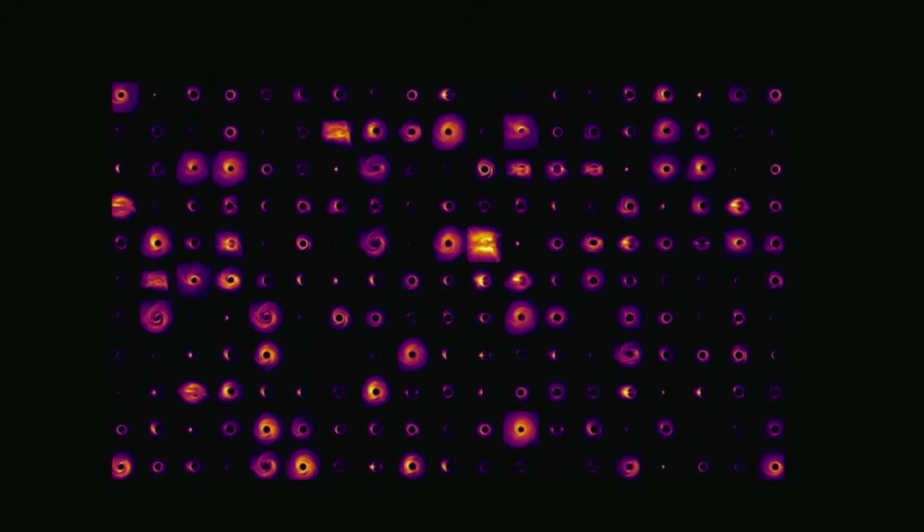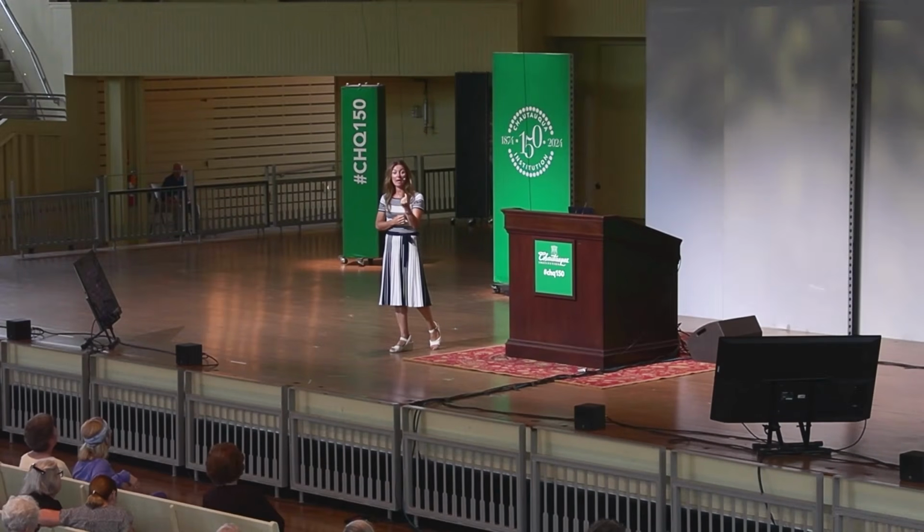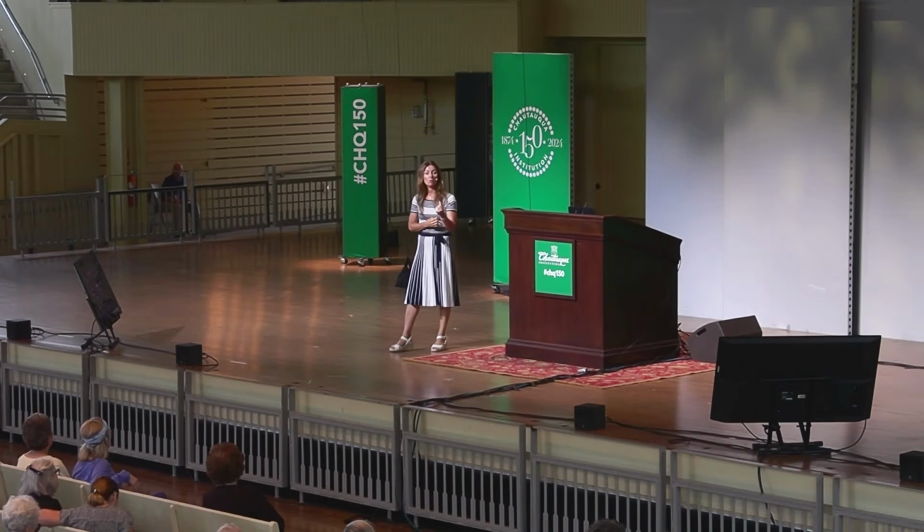Is it really producing a singularity? And is it going to show us some deviations once we get this image from the telescopes from what we expect to see?